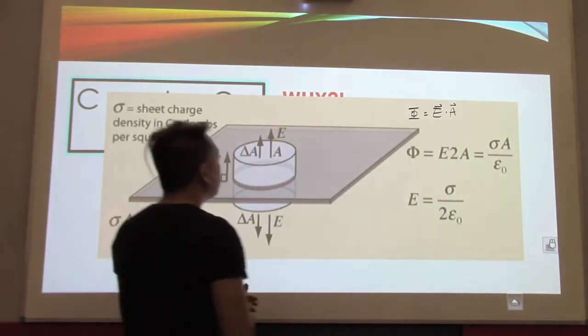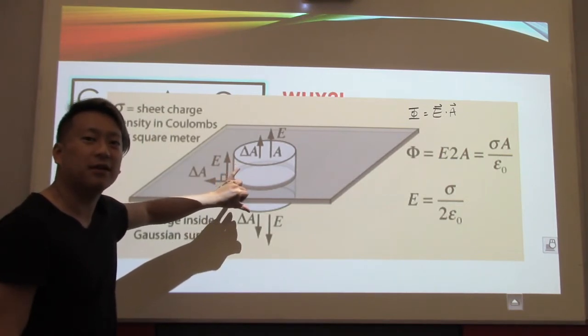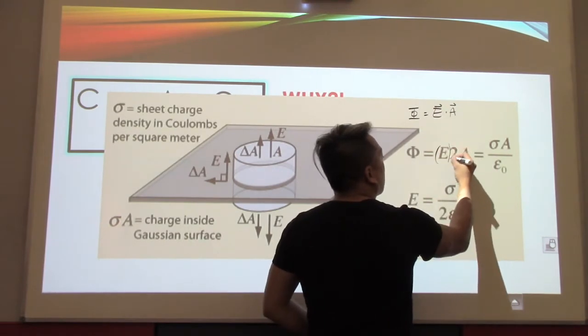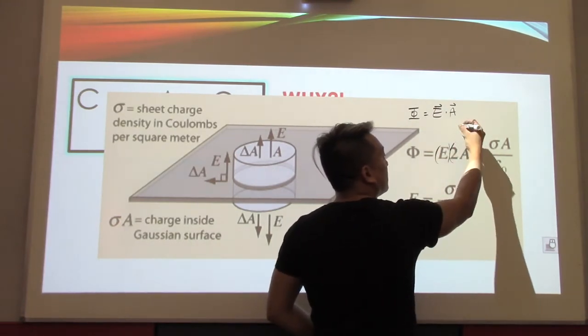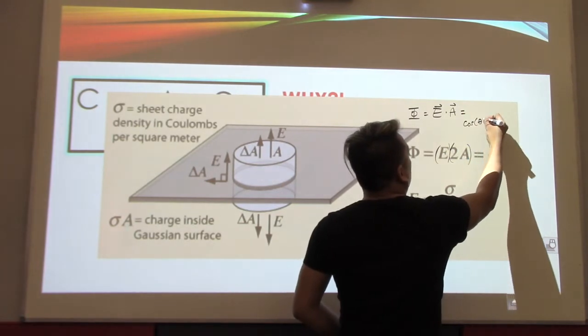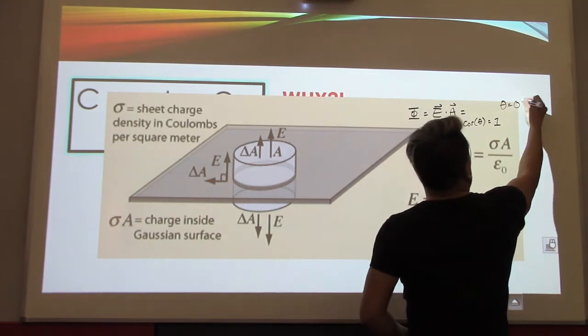There are two areas, so the magnitude of that is going to be 2A. And we know that cosine of theta equals 1 because theta equals 0.